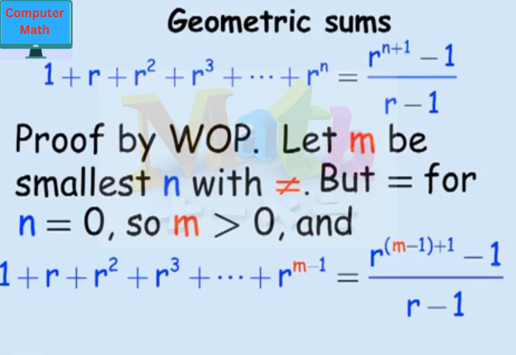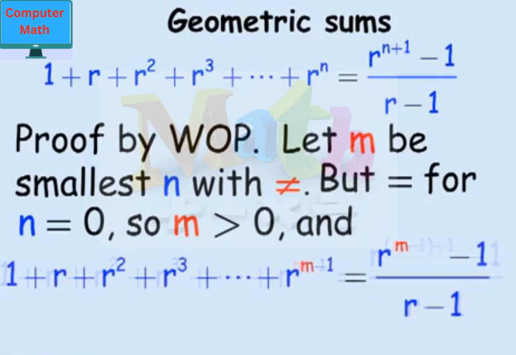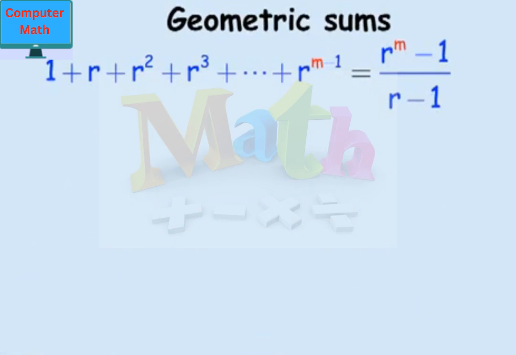We can simplify it a little bit: r to the m minus 1 plus 1 is just r to the m. So the sum of those powers of r up to m minus 1 is equal to r to the m minus 1 divided by r minus 1, because m failed, and m minus 1 was the number where it had to succeed.